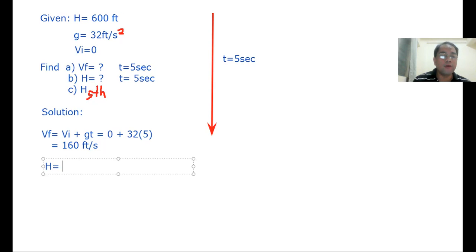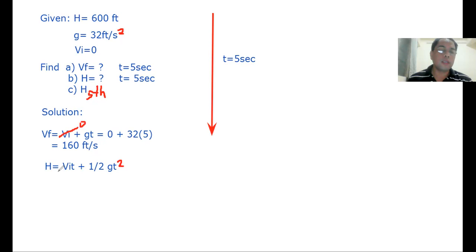Determining how far the object falls, we have V sub I times T, which is the initial velocity multiplied by the time, plus 1/2 of G times the time squared. Since the initial velocity is 0, we can make that term 0.